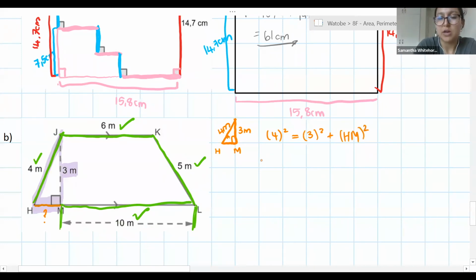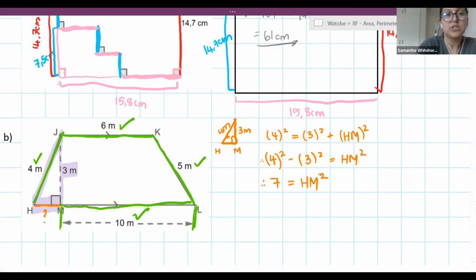This is now an example of Pythagoras where I'm going to minus. So I'm going to have 4 squared minus 3 squared will give me HM squared. Now 4 squared minus 3 squared is equal to 7. And remember, I don't want HM squared, I want HM.